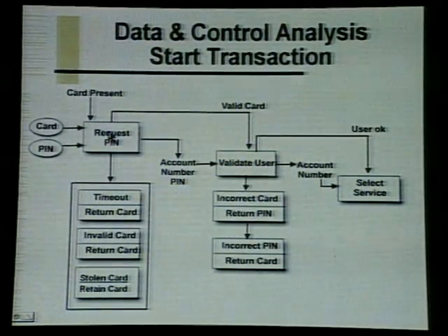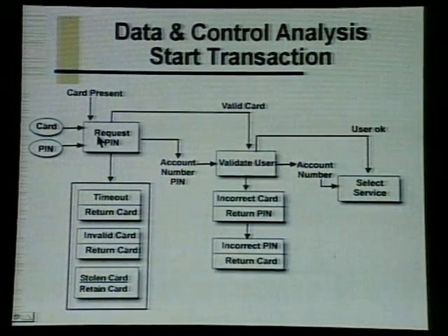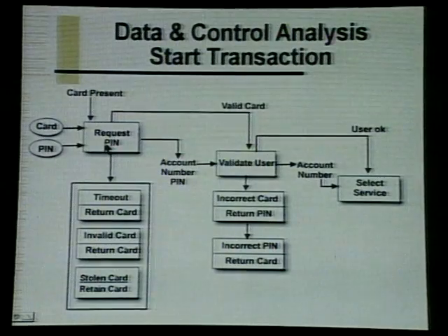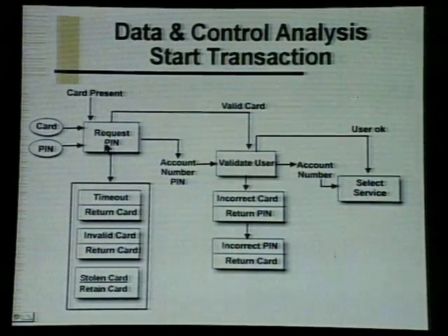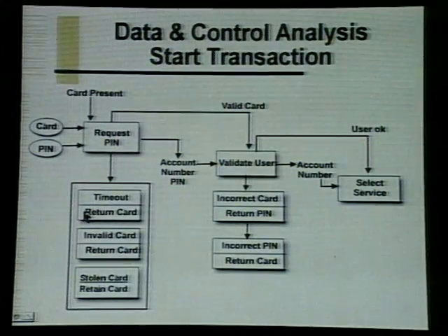That is the state of the system, which says when the card is present, the system should request a PIN. If at that stage some exception happens, for example, the system is requesting a PIN and the user does not enter his PIN number and a timeout event happens, then the system should return the card.